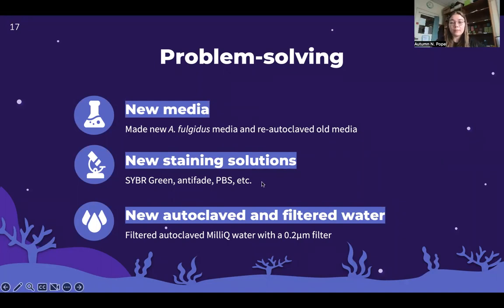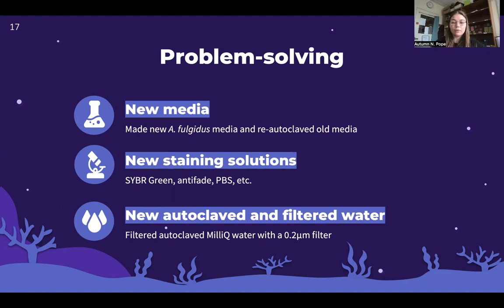I remade all of my staining solutions. There are multiple steps in the staining process, so I made new solutions of the actual stain, new solutions to help that stain not fade, and new solutions to make those solutions. And I use a lot of water to filter these slides so I can view them under the microscope. I autoclaved that water.